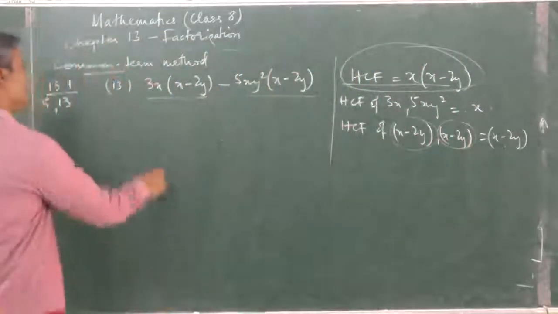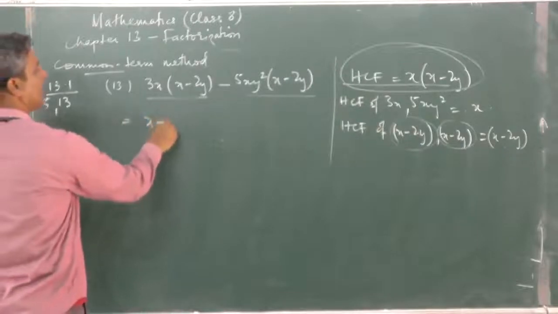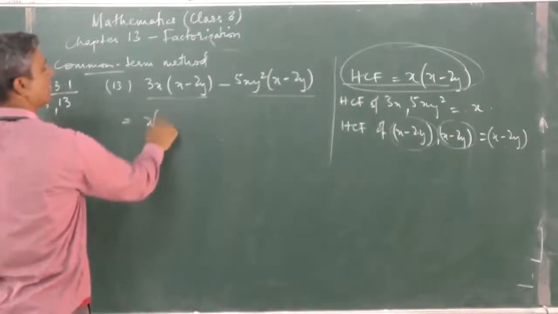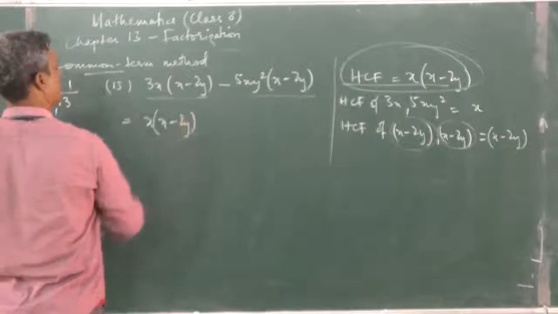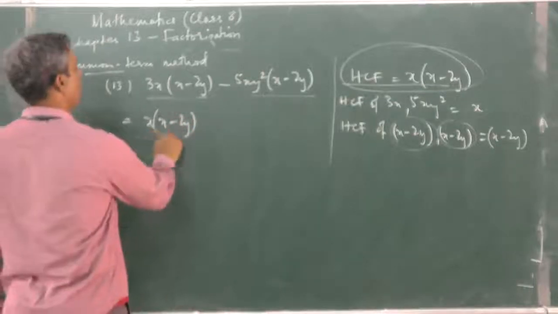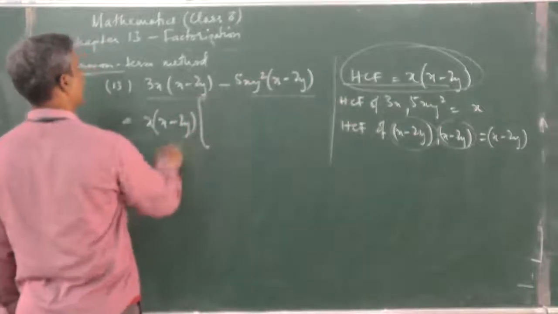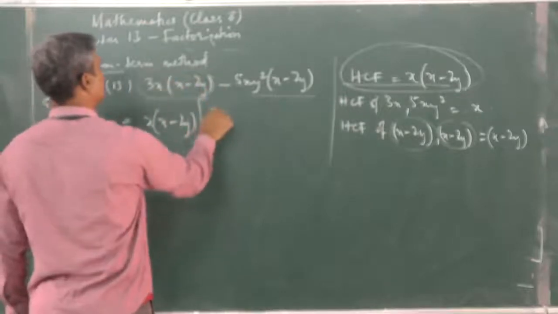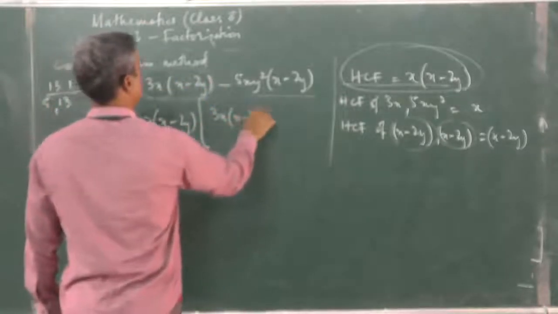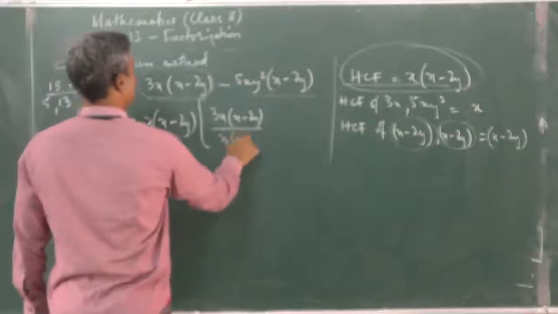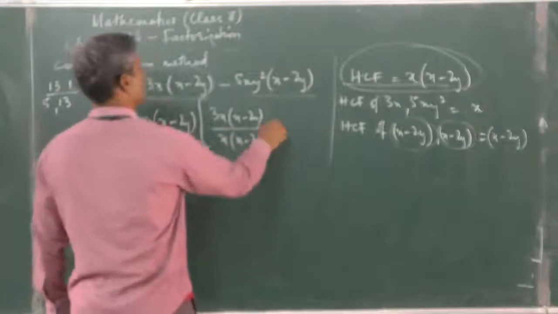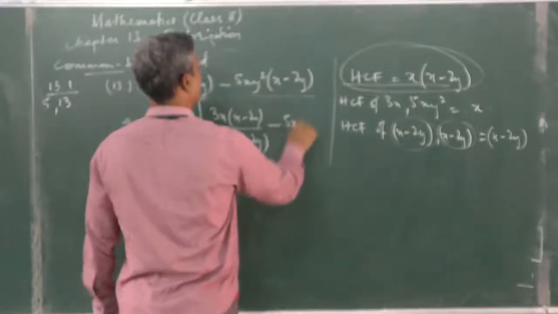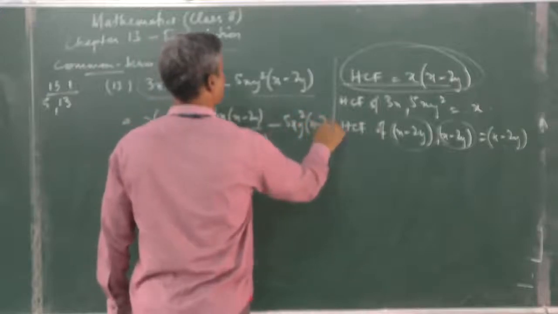Once I have found the HCF, I take that as the common factor outside the bracket, and then I divide each term by what I have taken common outside the bracket.